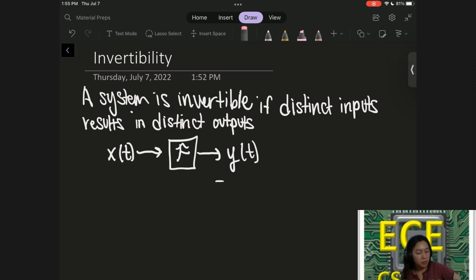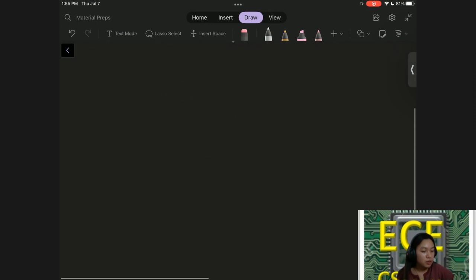So if it's invertible, how do we find the inverse of the system?